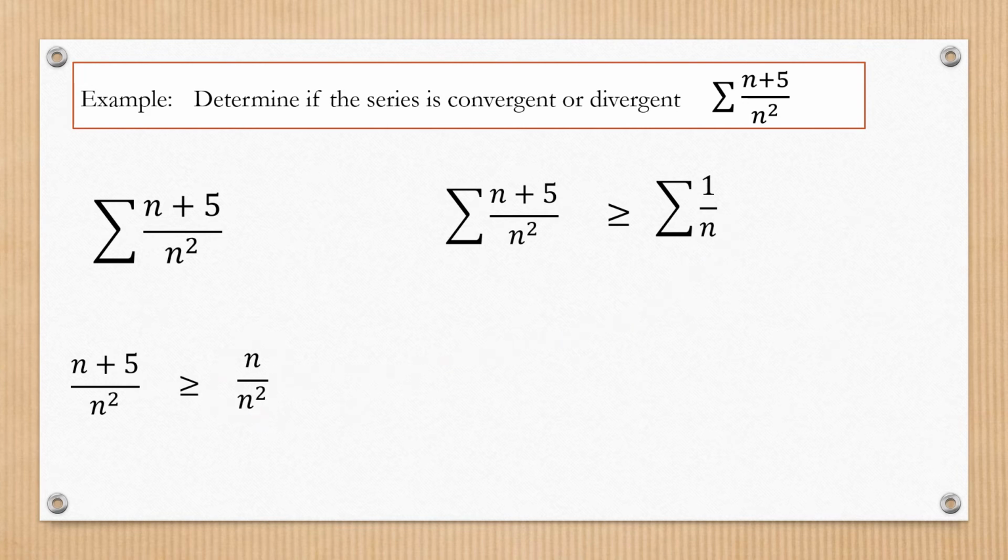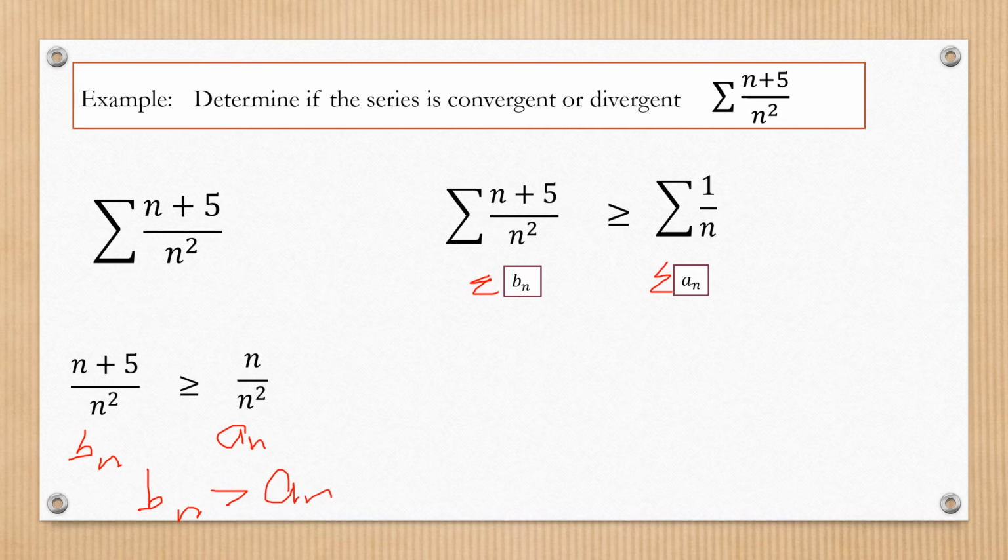Then let us identify which one is AN and which one is BN. This is our AN, and this is our BN. Here we already identify that this is BN and this is AN. That is part of the condition under the comparison test that BN is greater than or equal to AN.